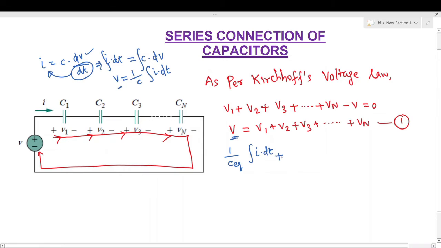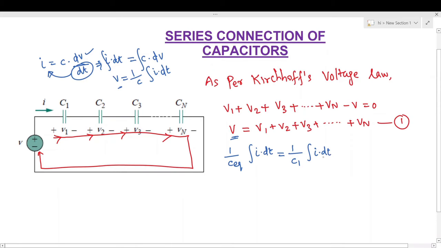Same way we will apply the voltage term to individual voltages, that is V1, V2, V3 and up to Vn. So the V1 term will become 1 by C1 integral of I into dt, since V1 is the voltage across C1 and I is the amount of current flowing through C1.